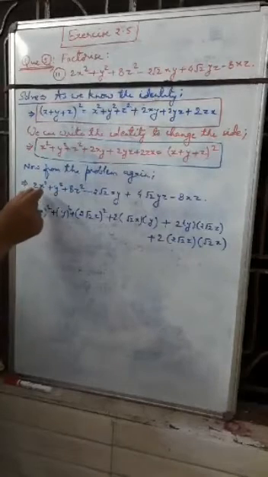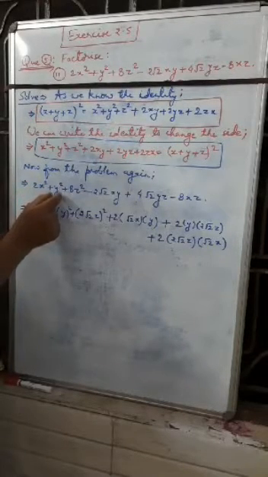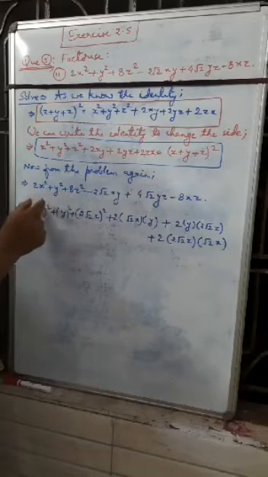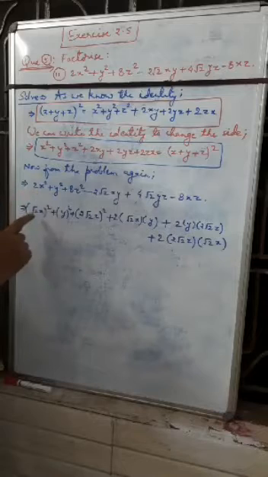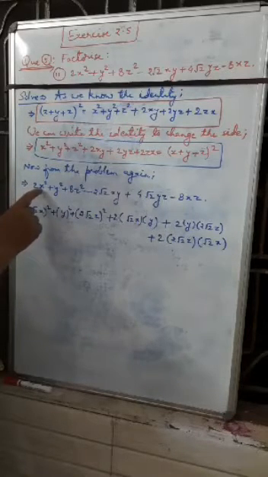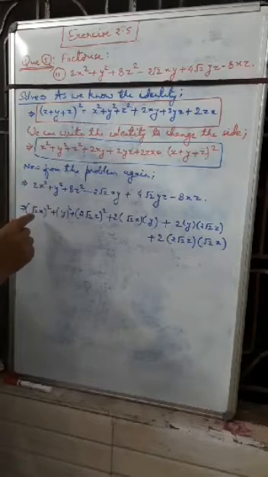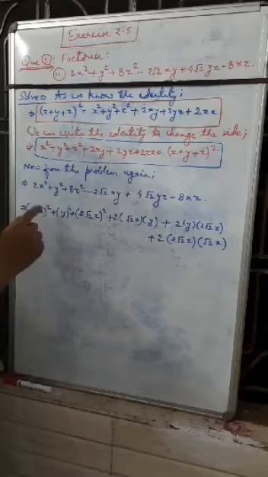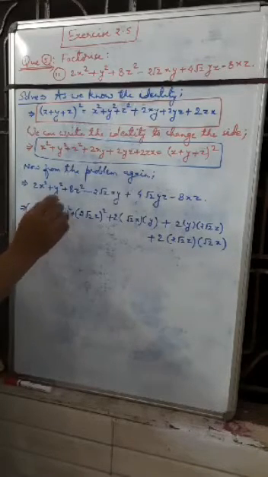So for it we will try to convert the coefficients of x square, y square and z square into the form of whole square. So root 2 whole square is equal to 2, and x whole square is equal to x square. So we can write 2x square is equal to root 2x to the whole square, and y square we can simply write y to the whole square.